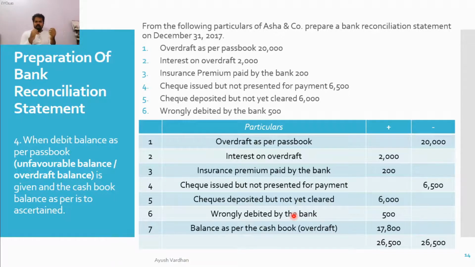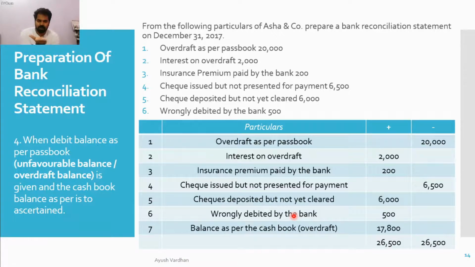Then the interest on overdraft. What does that mean? Suppose passbook and cash book are at balance level 0 and 0, and suddenly we see that the passbook goes negative by 2,000 rupees. That is the interest charge on the overdraft.